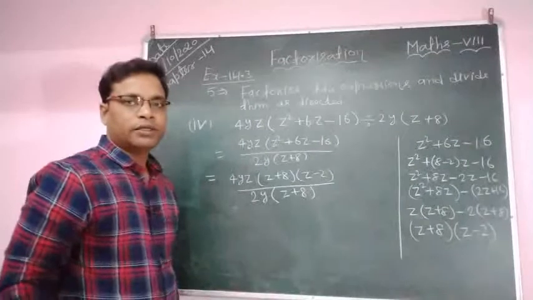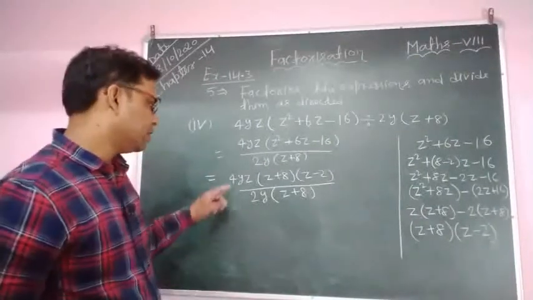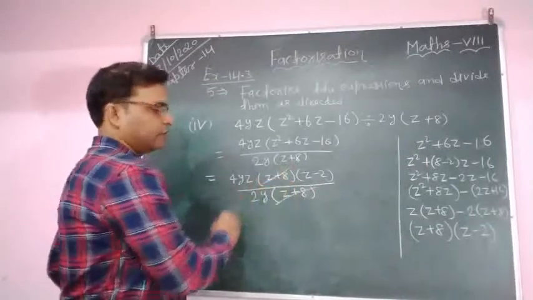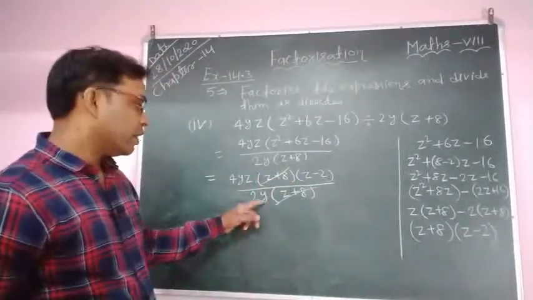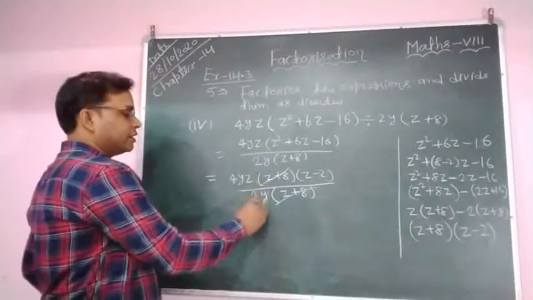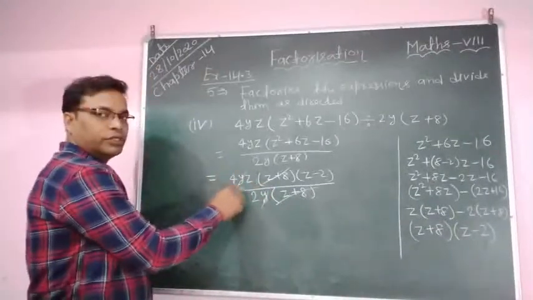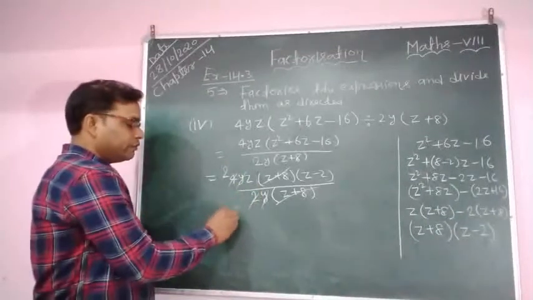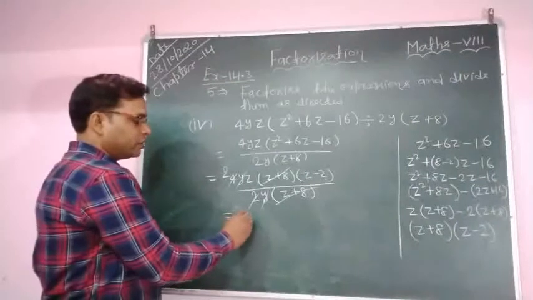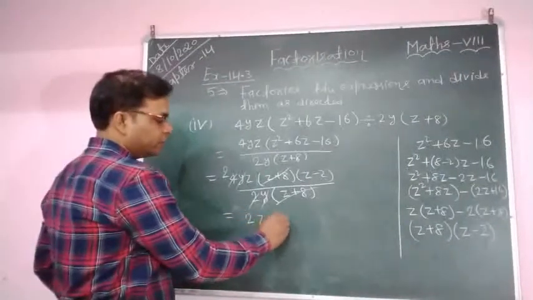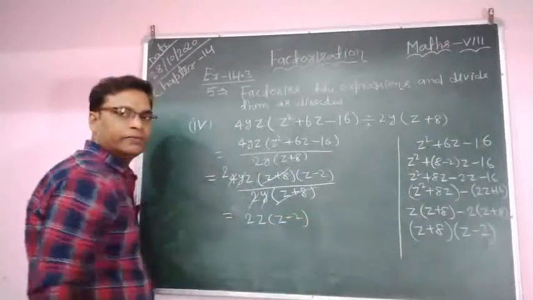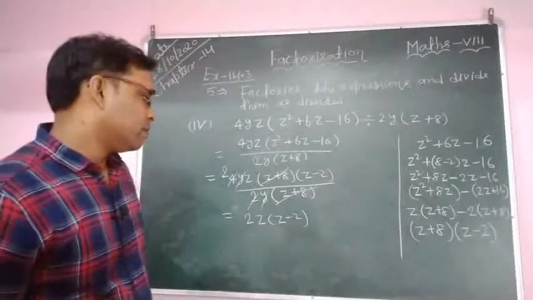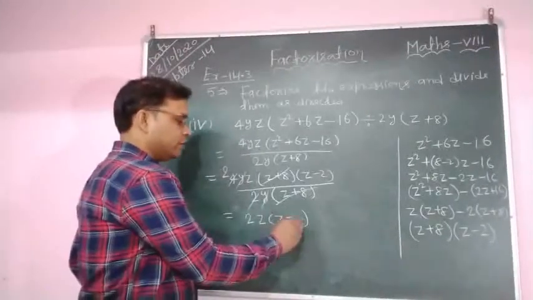You can see here that z plus 8 is common, so first we cancel it. Now y is also common, so y is cancelled here, and 4 divided by 2 is 2. We write here 2. In this way we obtain as a quotient 2z into z minus 2.